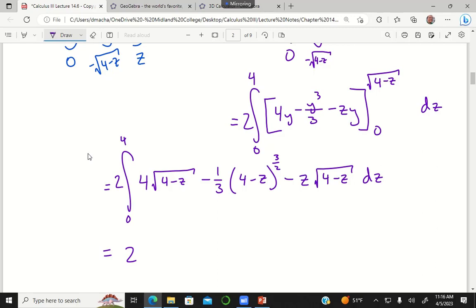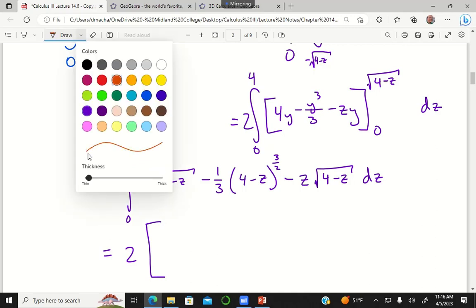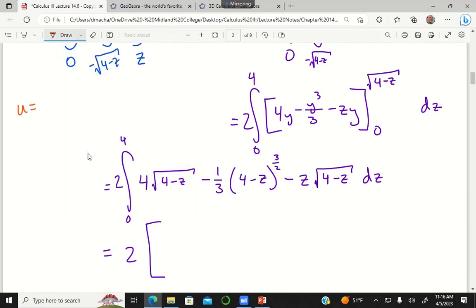Okay, now I need to take this antiderivative, and I think it'd be nice to do a u sub, where u is just 4 minus z. And this isn't a really crazy u sub by any means.